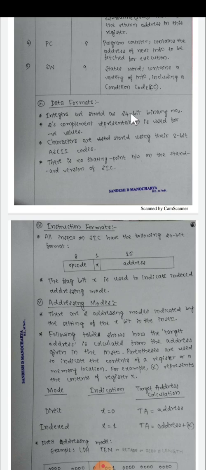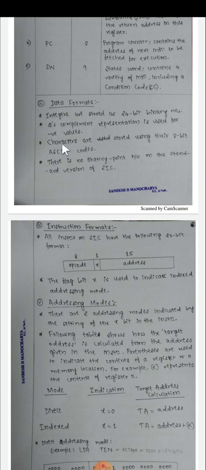So in the SIC machine, integers are stored as 24-bit binary numbers, and 2's complement representation is used to represent negative values. Characters we can also store here using 8-bit ASCII codes.